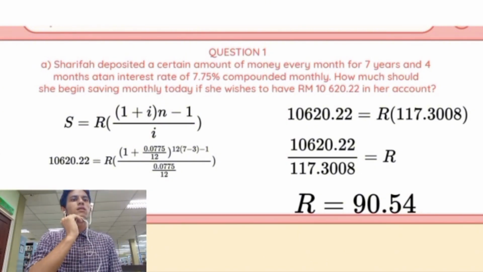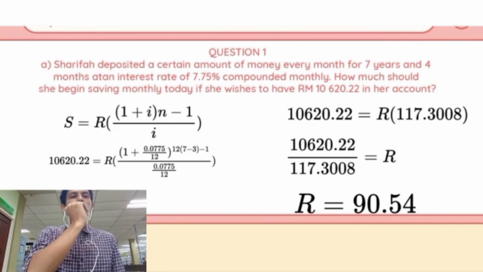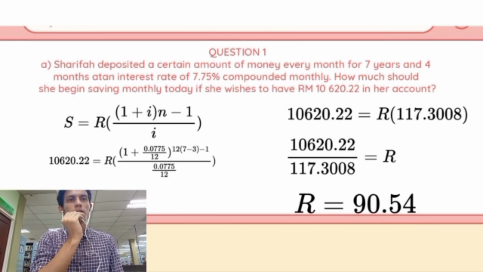Then we move the 117.3008 to the left side, and it will be 10,620.22 divided by 117.3008 equals R. We solve it and we will get 90.54 as the final answer.